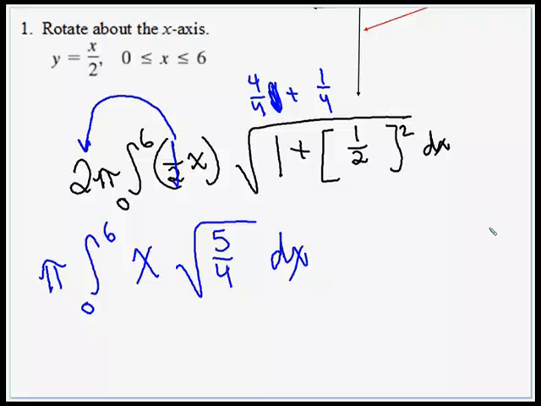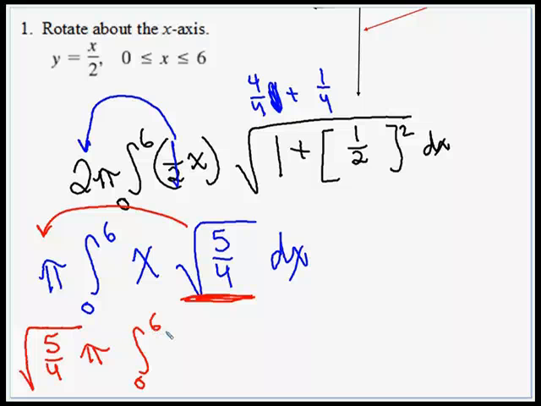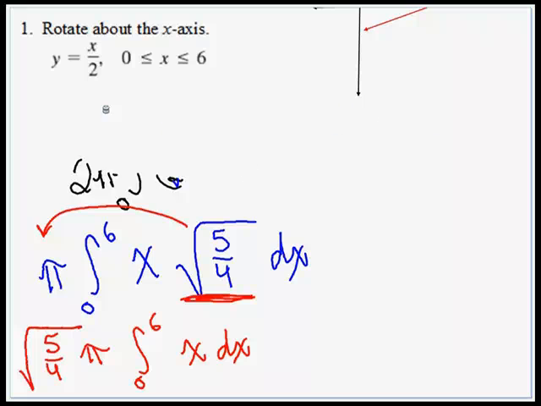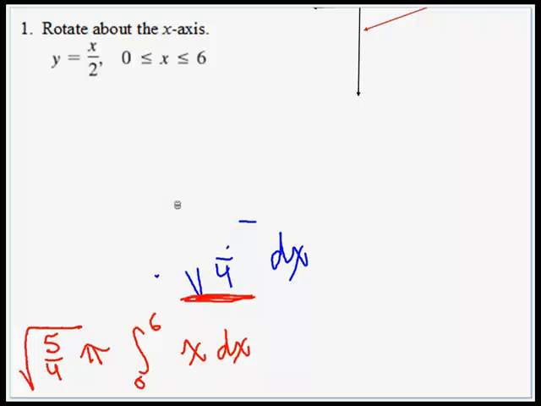And now that's square root of 5/4. That's just a number. Let's bring it out front. So now we're going to have the square root of 5/4 times pi, definite integral from 0 to 6 of x dx. Ooh, look at that. That's going to be easy to take the antiderivative of.